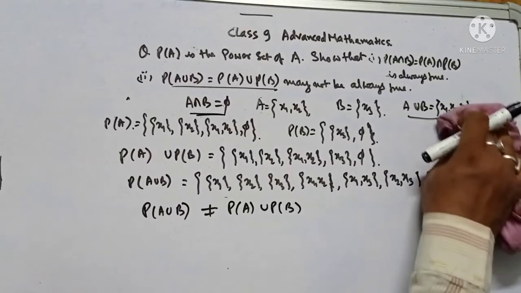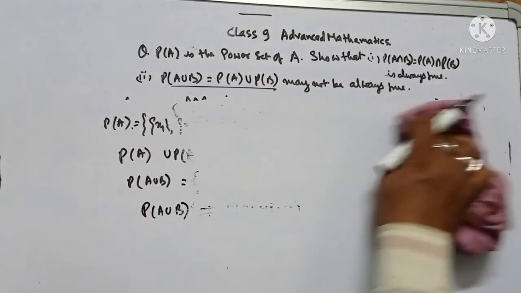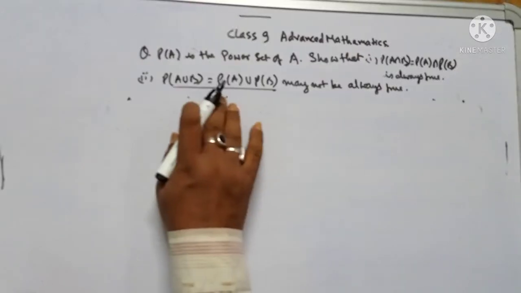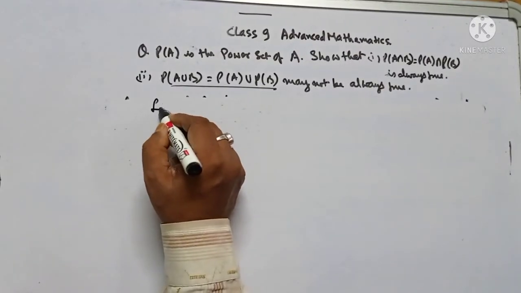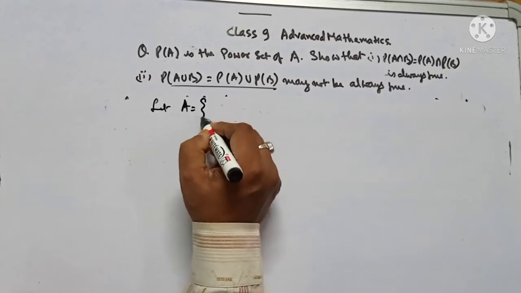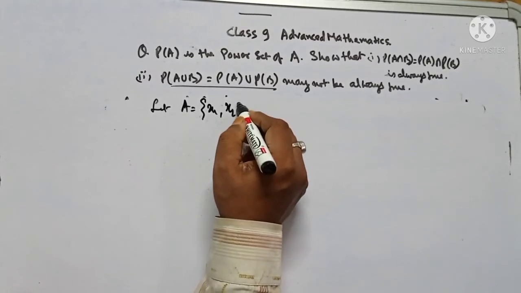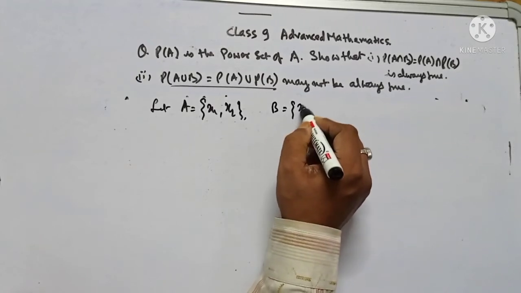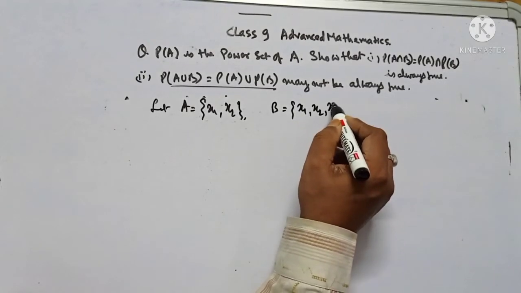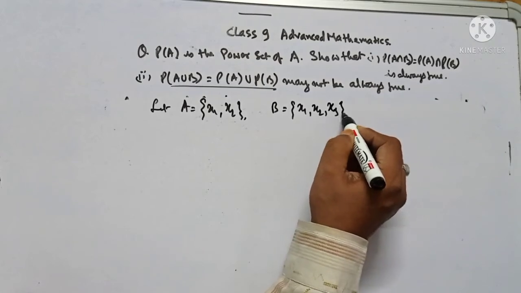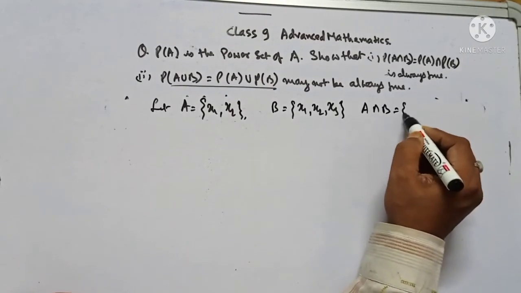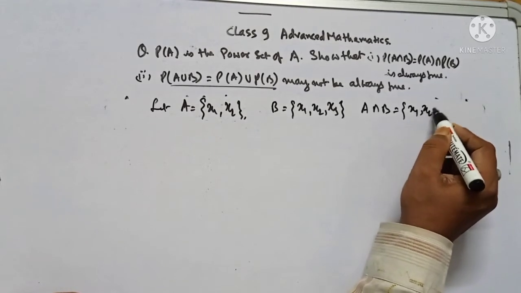Now let me prove the first one. Here you do one thing: again let A be equal to {x1, x2} and your B is equal to {x1, x2, x3}. So here your A ∩ B will be {x1, x2}.